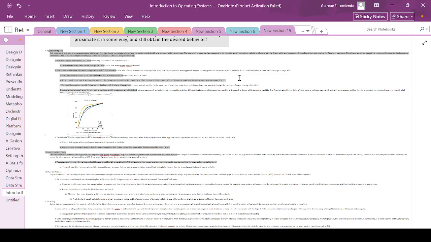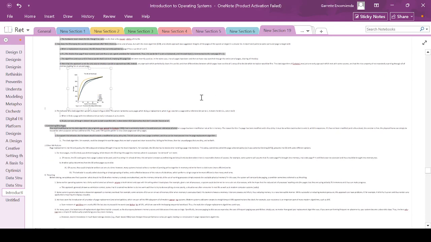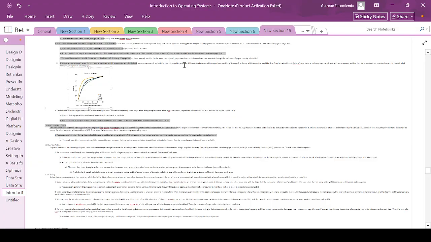The algorithm continues until it finds a use bit that is set to 0, implying this page has not been recently used, or in the worst case that all pages have been, and that we now search through the entire set of pages, clearing all the bits. So in the worst case scenario we scan everything, but at least we now have an option to not scan everything every time.